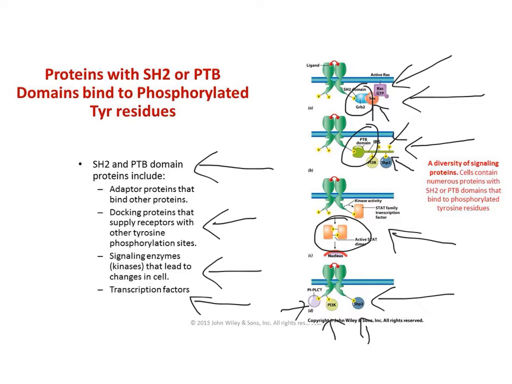And obviously they're going to bind to the specific receptors by binding at the tyrosine residues, as well as interacting with amino acids that are directly near or adjacent to that particular amino acid. So they do bind to specific peptides that contain that phosphorylated tyrosine.